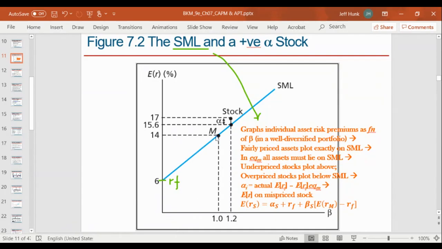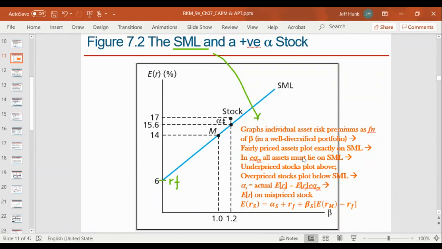They will all have to lie exactly on the straight line. But the reality is not like that. The assumption was that the stock is fairly priced, and then everything is explained by beta.